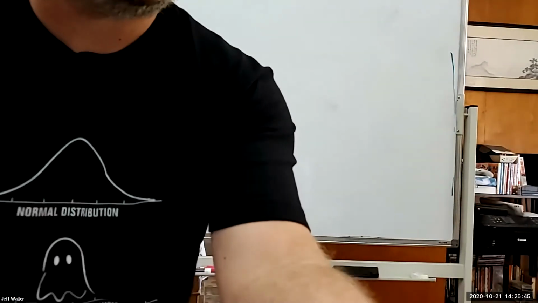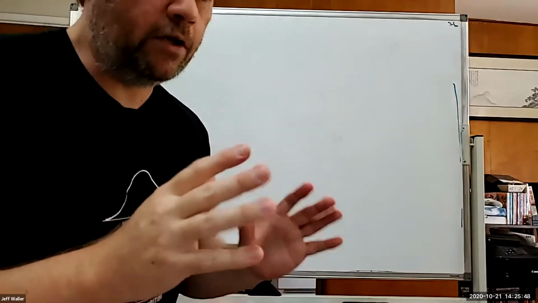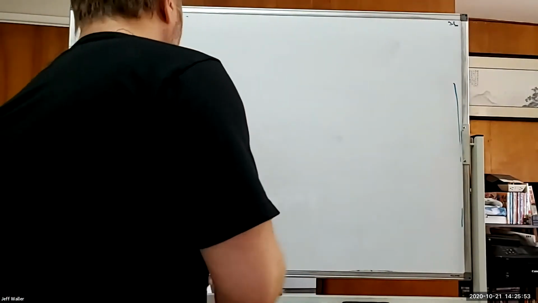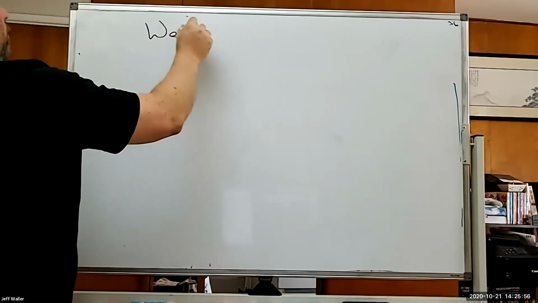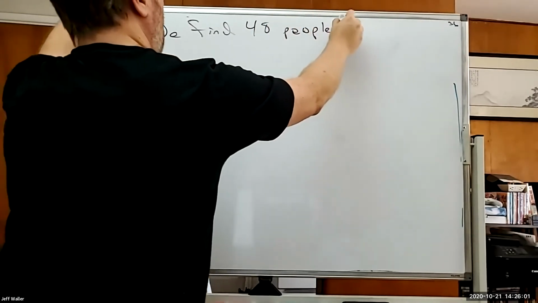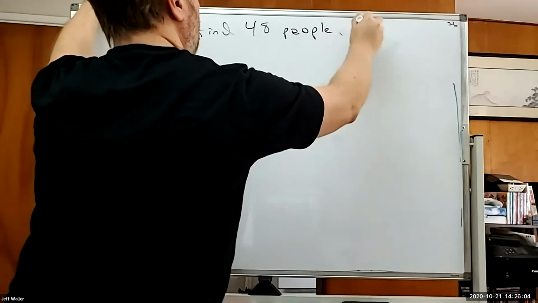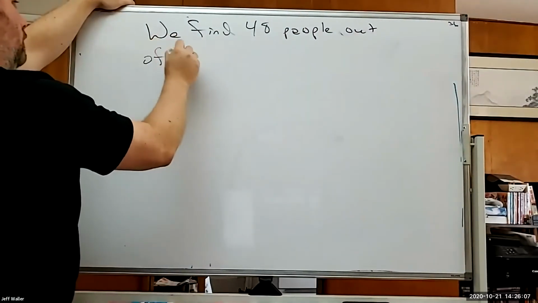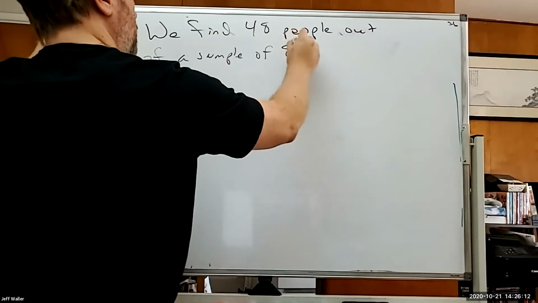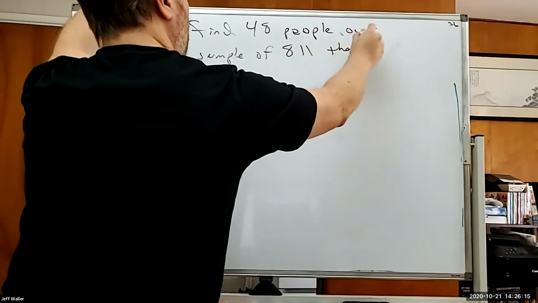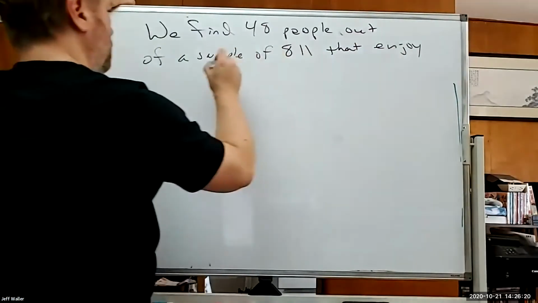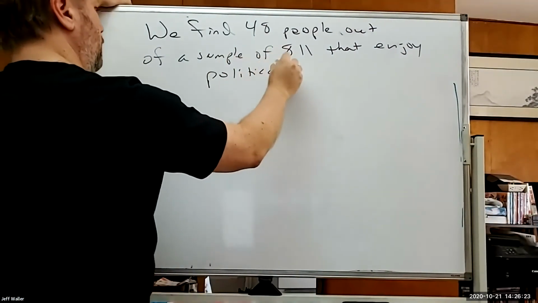So this is kind of nifty. I love this because it feels like you don't get enough information for these, because they don't have to tell you a lot. So I'm just going to tell you this. We find 48 people out of a sample of 811 that enjoy political ads.